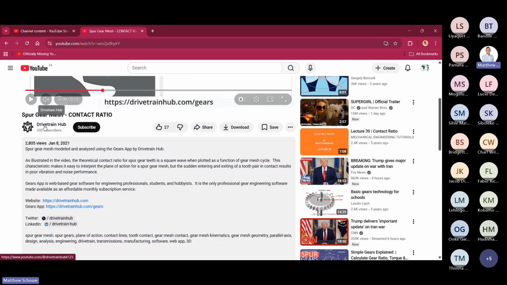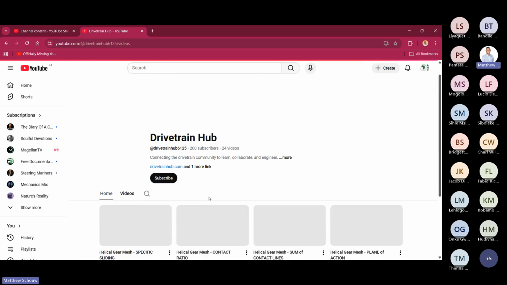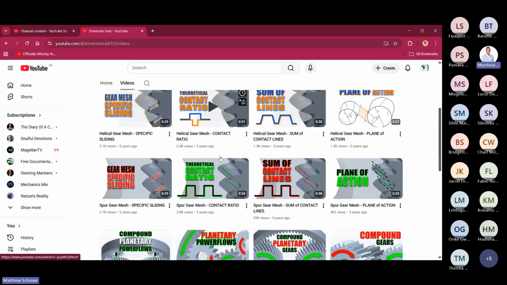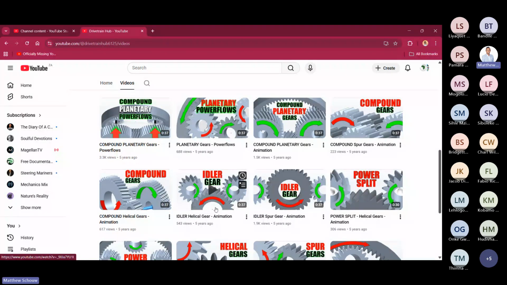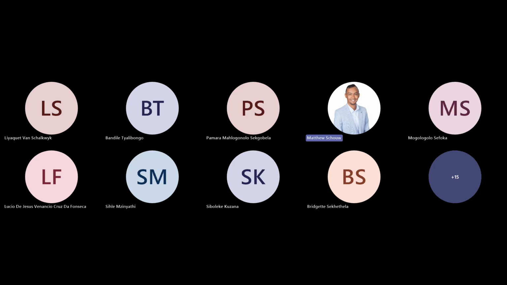You'll notice even when we do the helical as well, the contact ratio for the helical will be useful as well, and a few other ones as well. But nevertheless, I thought I'll share that with you so you can actually understand what it actually means. Let me just admit. All right, let's quickly revert back.